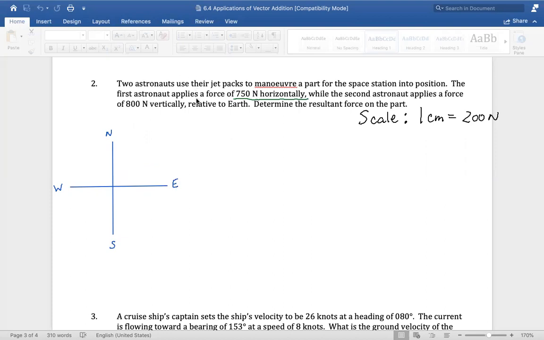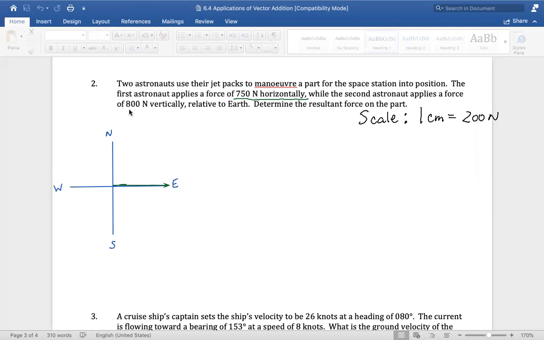So 750 newtons horizontally, I'm trying to do roughly 3.75 centimeters. And I'm just going in this horizontal direction, going right. So 750, let's say, is that far. And then because I used blue already, I will use pink.